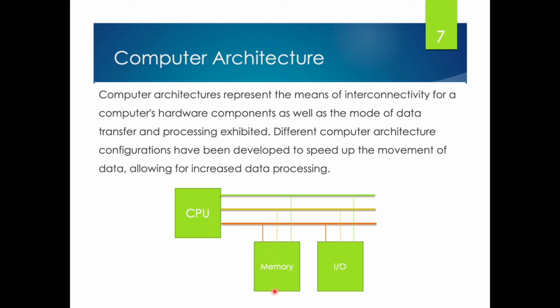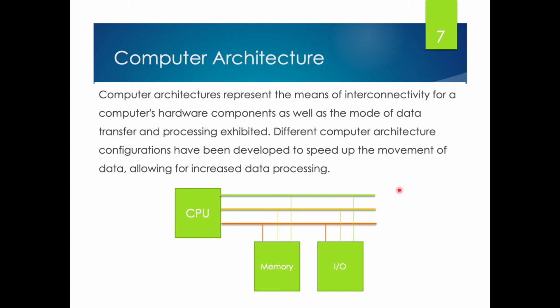We have the memory, that is the space where the programs and the data are stored, and we have the I/O system that connects the computer to the external devices, right? And these components are connected together by the system bus, and we have three buses: the data bus, the green ones, right? The address bus, the orange lines here, and the control bus, that is the control signals, right?